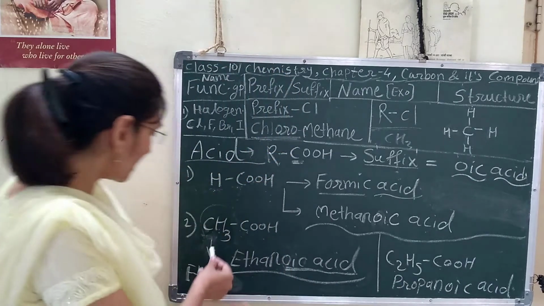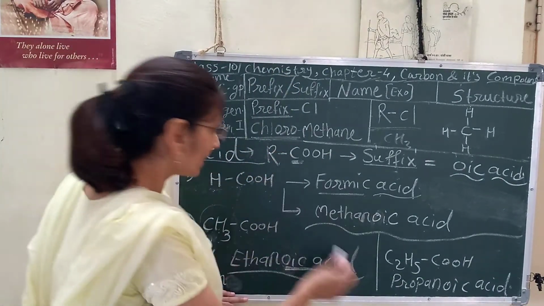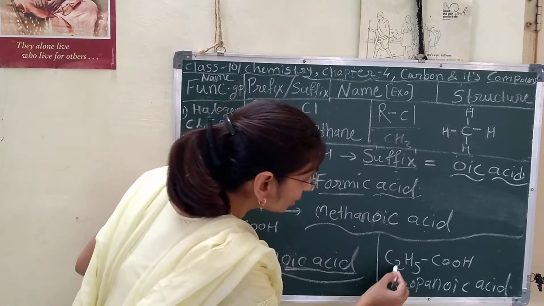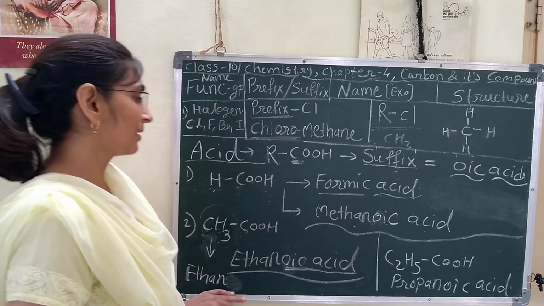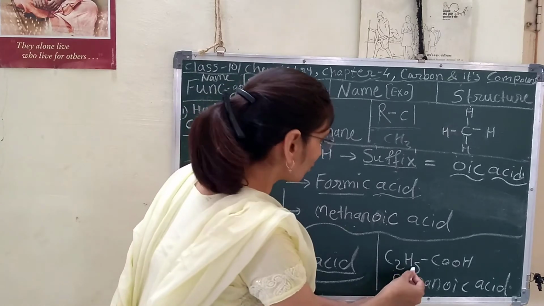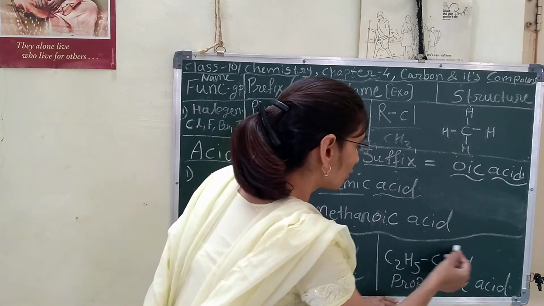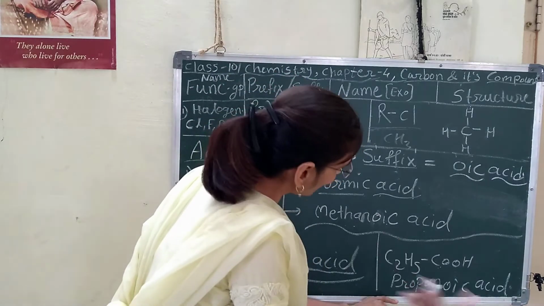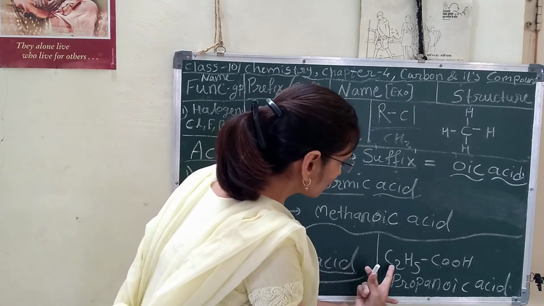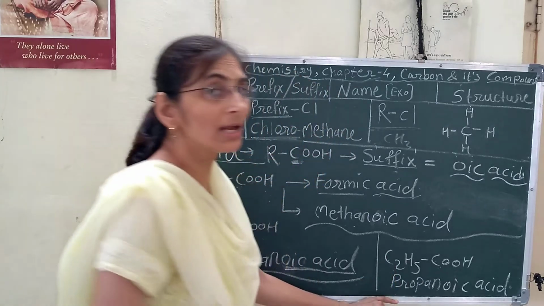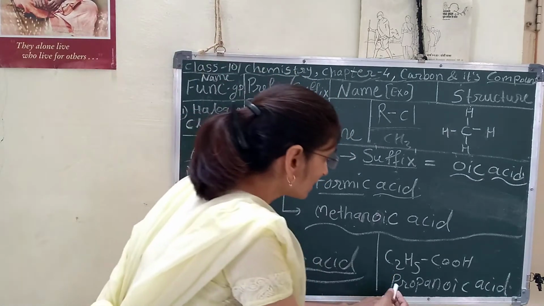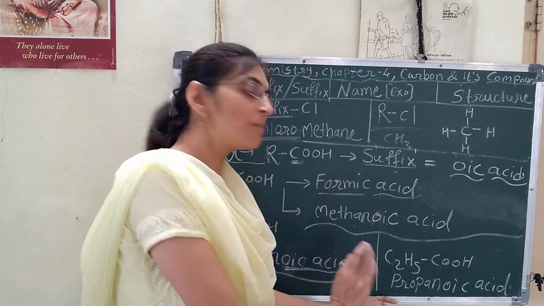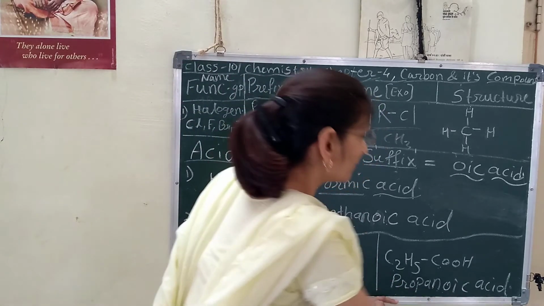As I have taken the next alkyl group, that is one single carbon atom is here, again here two carbon atoms are here, that is the ethyl group attached with the functional group of acid. Then total 3 carbon atoms here. These two and this one, total 3 carbon atoms are present. That's why the name will start from prop. 3 means prop. So propanoic acid will be here.